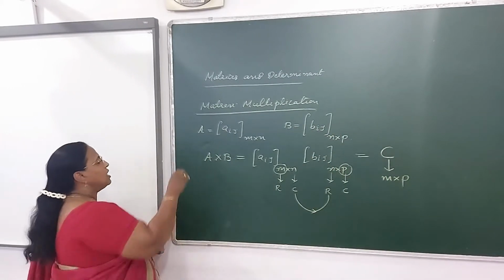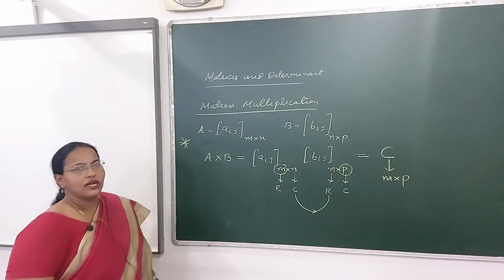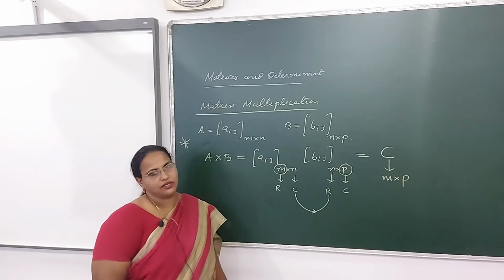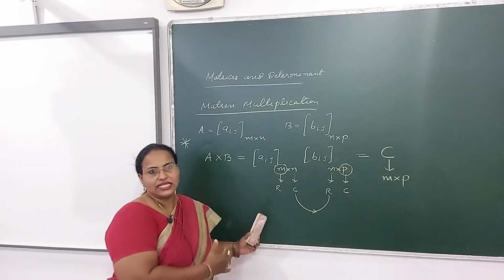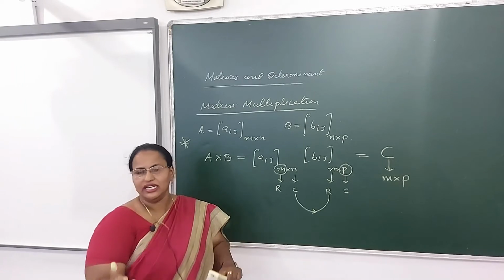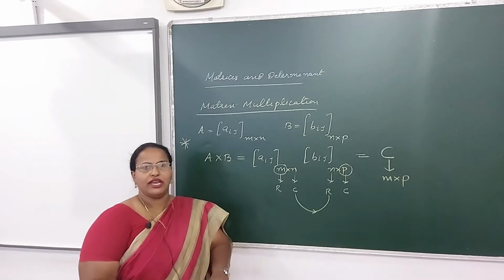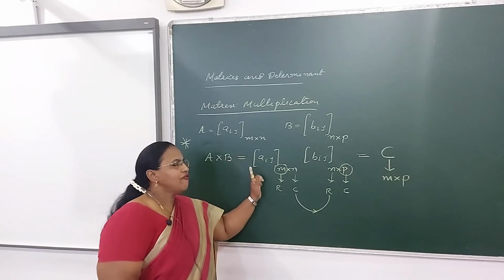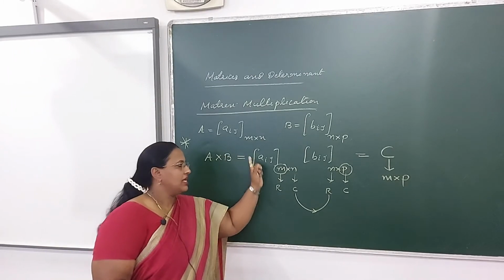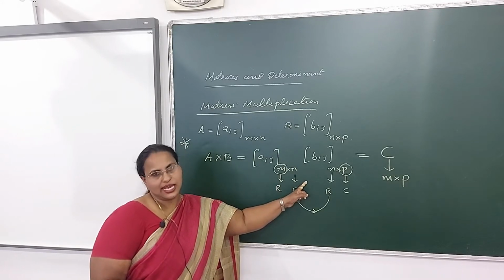A very important concept of matrix multiplication. Based on this concept, you will be doing the questions later on. So this should be made very clear. Two matrices can be multiplied only when the number of columns of the first is equal to the number of rows of the second.